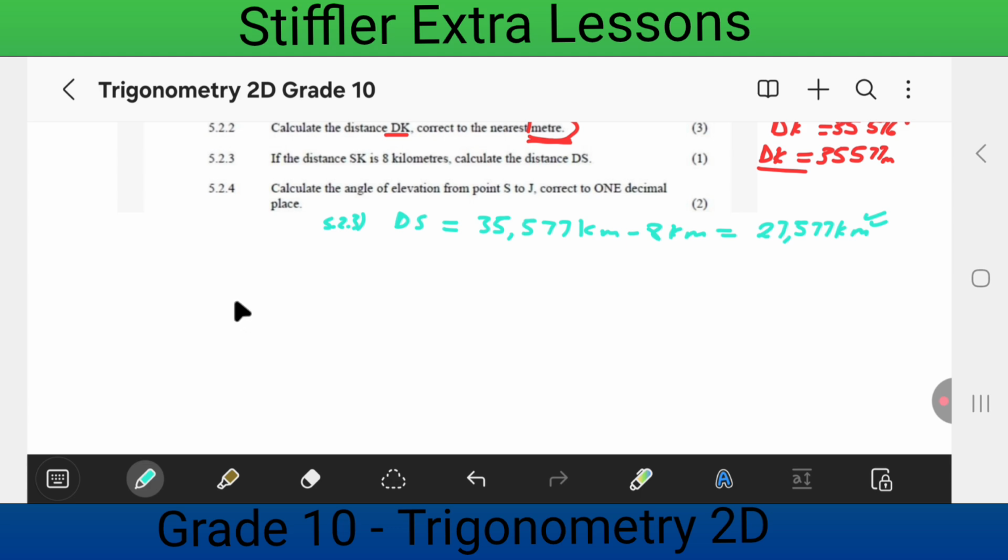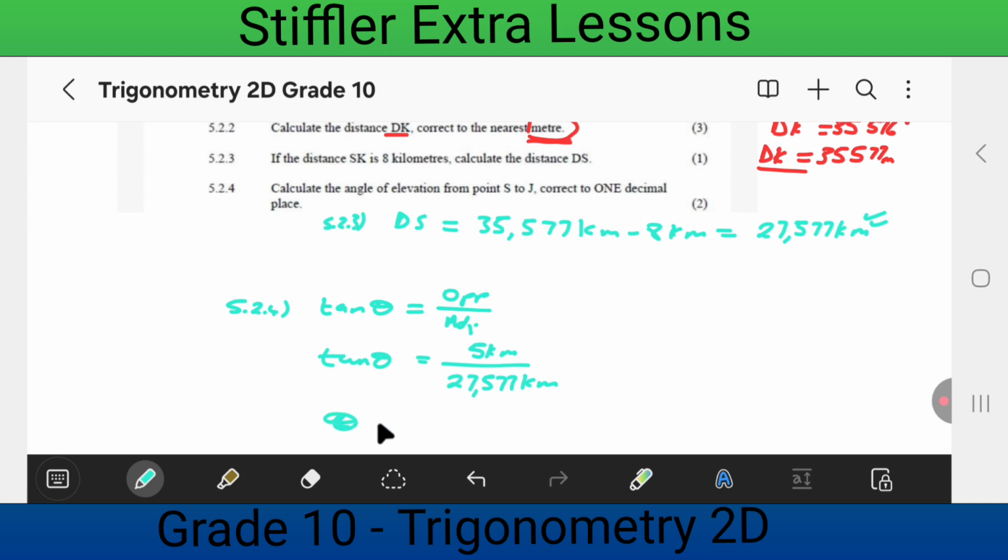So now, in 5.2.4, we can still use tan of theta being equivalent to the opposite over the adjacent, right? So tan of theta will be equivalent to the opposite, which is 5 kilometers, over our adjacent, which is 27.577 kilometers, right? So now we can do the second function of tan.